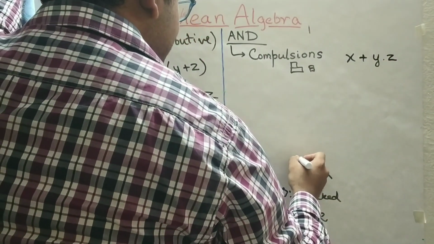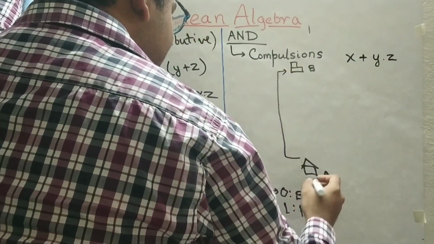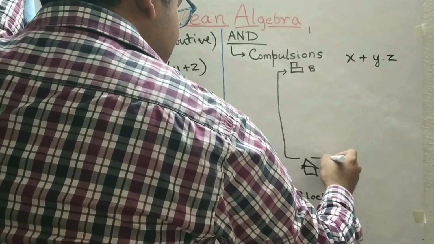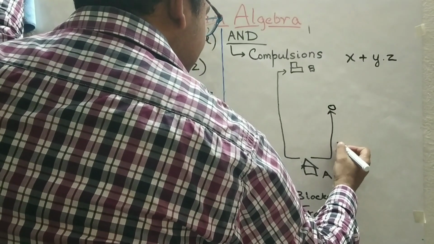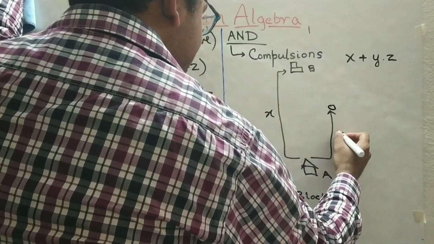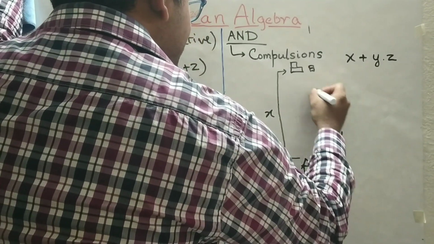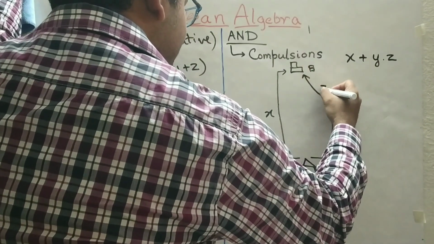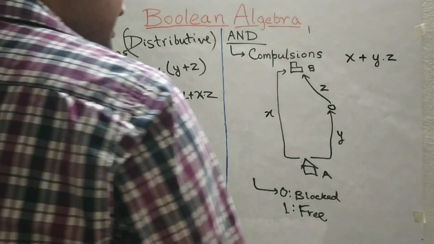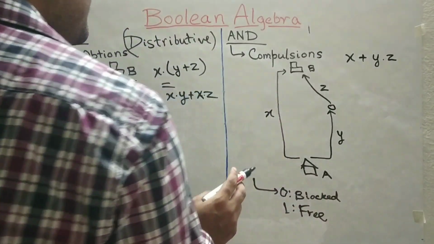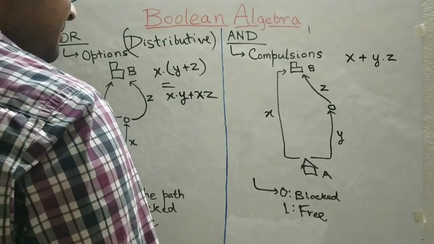So there is a path X to go from A to B, and there is another path from this point to this point called X, from this point to this point called Y, and from this point to this point called Z. Okay. So now you can also say that there are options here, right?